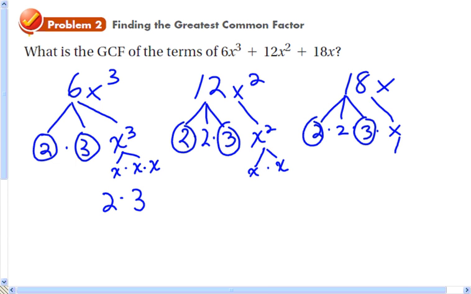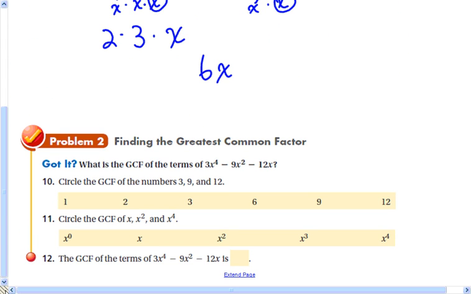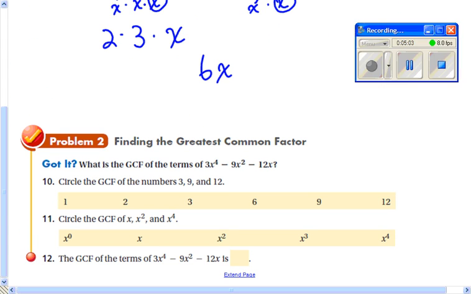And this is just x. And so the factor of x that's common to all 3 of these is 1 factor of x. So my greatest common factor is 2 times 3 times x, which is 6x. So 6x is the biggest term that will evenly divide all 3 of those terms. Go ahead, you try it here. Check back with your answer.